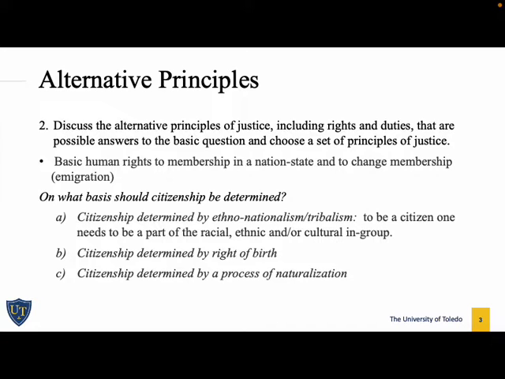So that's the idea of determining citizenship based upon one's ethnicity. In our own history, for example, in the 19th century, after the Civil War, the Congress passed a Naturalization Act. And in that act, they excluded persons of Chinese origin from ever attaining citizenship in the United States.